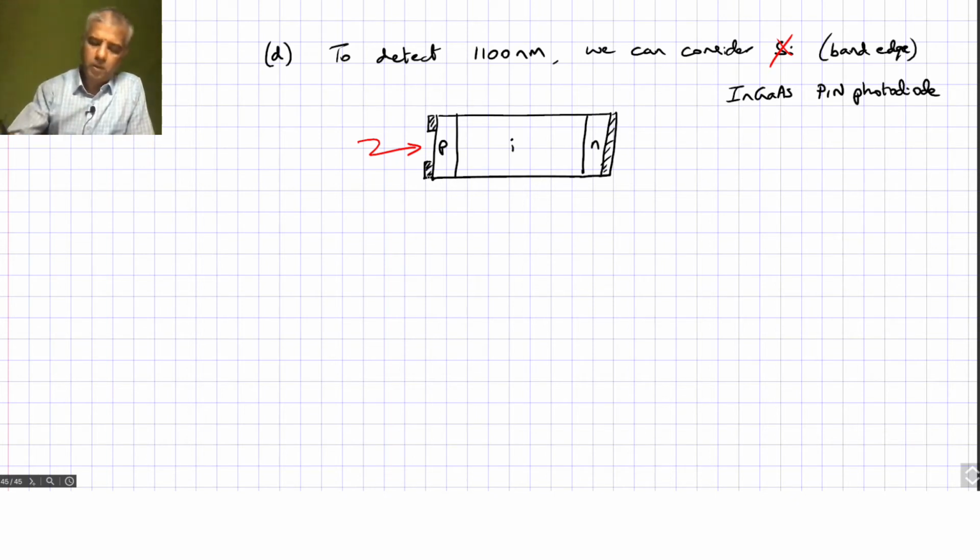So what we've been asked to do is figure out the width of this absorption region.